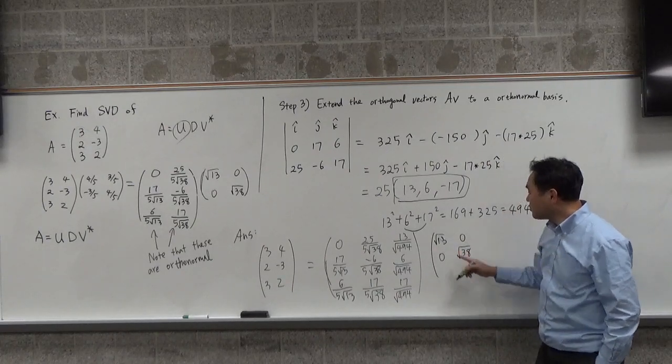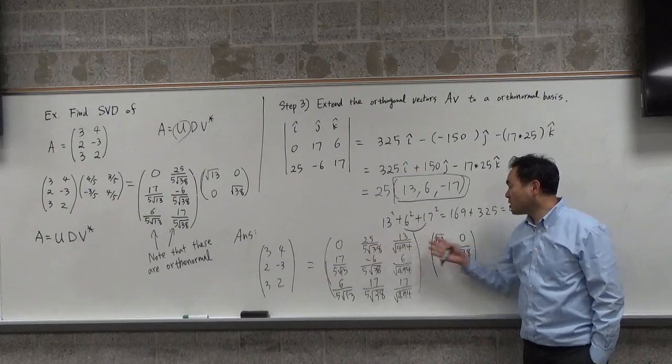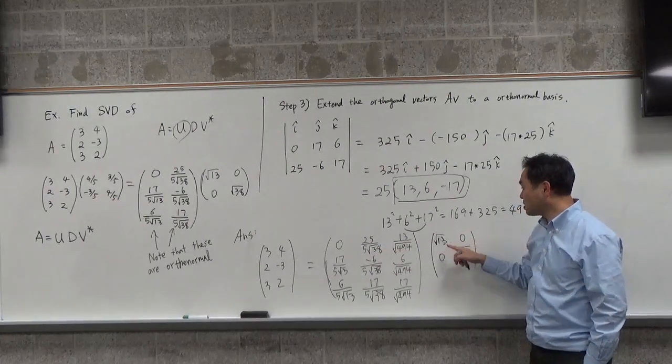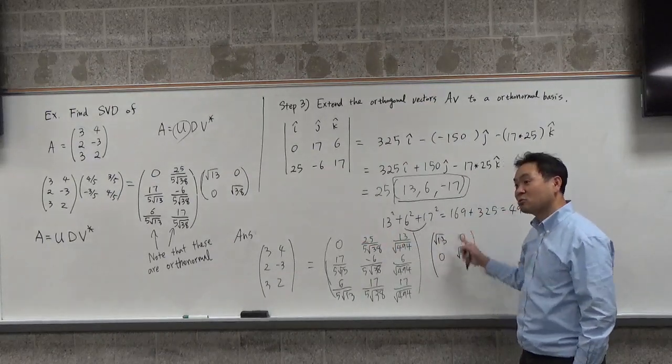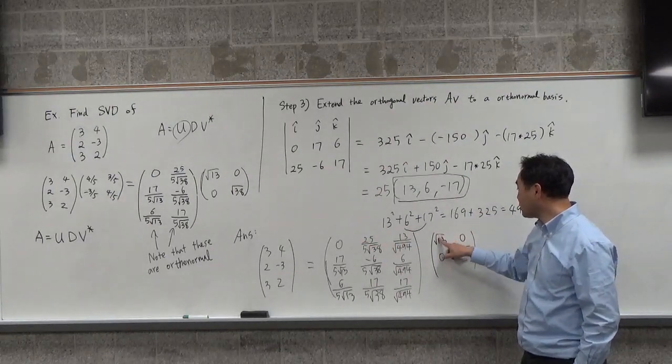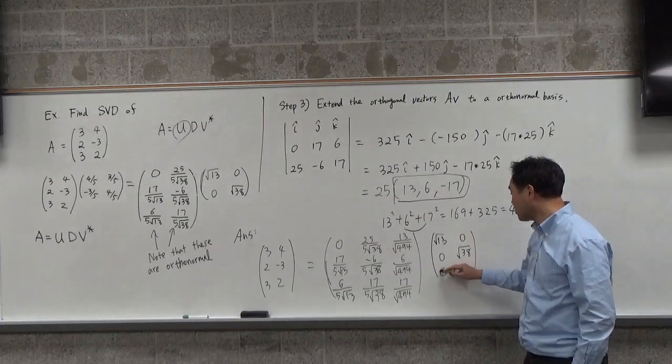But wait, if I just stop here, then the product of these two matrices is not defined, because if you try to do this times this, you have 3 elements, but this only has 2 elements. So to make it work, you need to put extra zeros at the bottom.